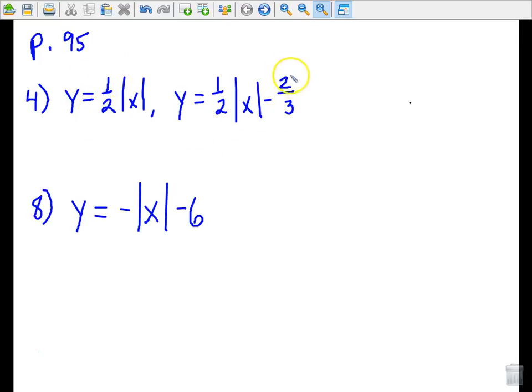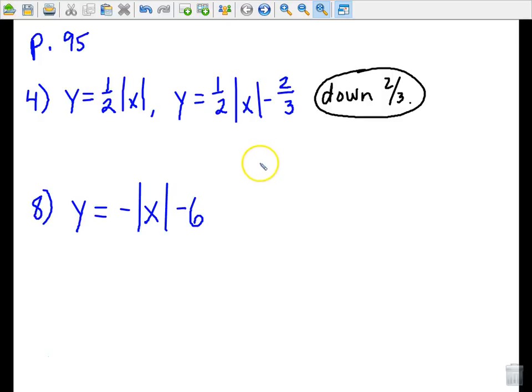It's pretty simple. This indicates our k number that we talked about in class today. Since it's negative, we're moving this function down 2/3 of a unit. So my answer for number 4 would be 2/3 of a unit down, or you could say down 2/3.